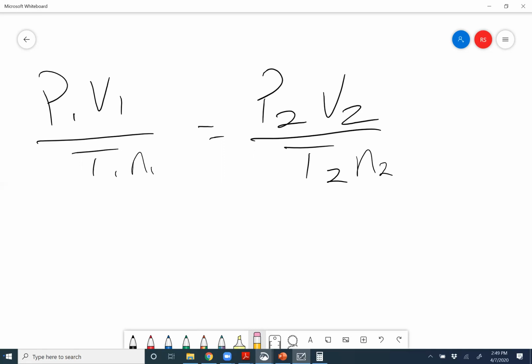But here's what's cool. Remember that in Avogadro's law, we could always just set gases to 22.4 liters is equal to 1 mole.